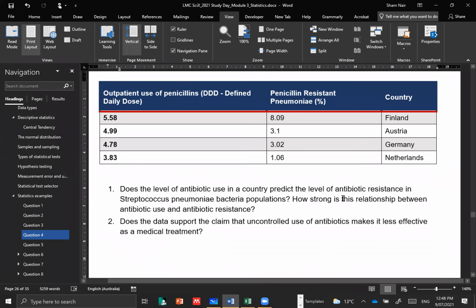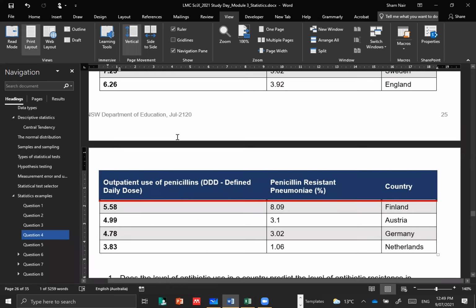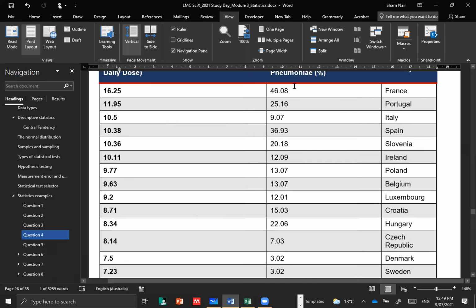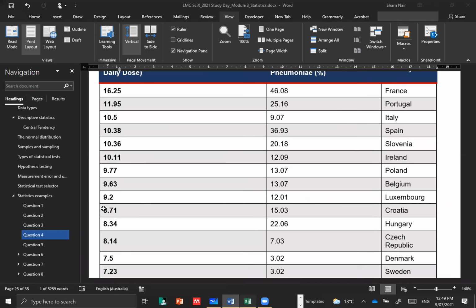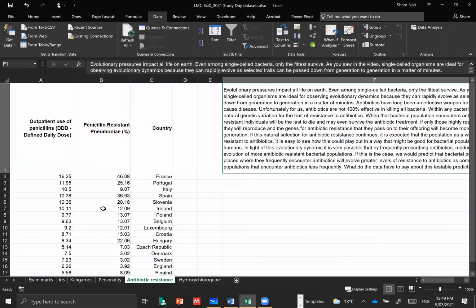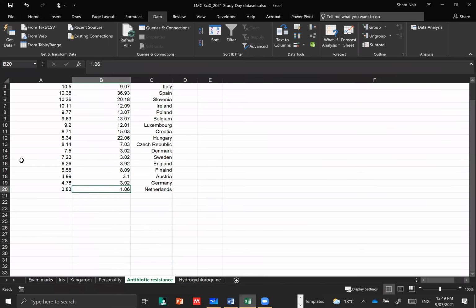Now, the relationship is a Pearson correlation coefficient. That means select all of this data into Excel, or you can use this Excel spreadsheet, and then do a Pearson correlation coefficient.